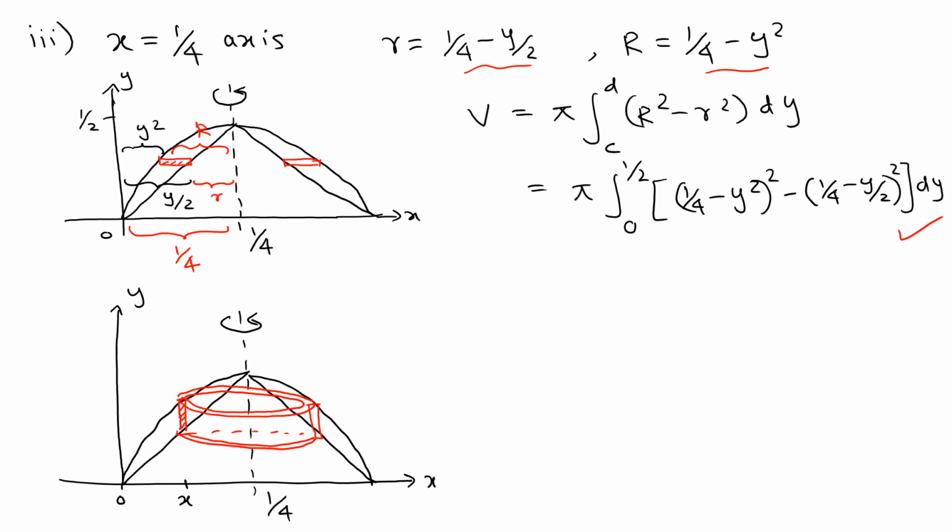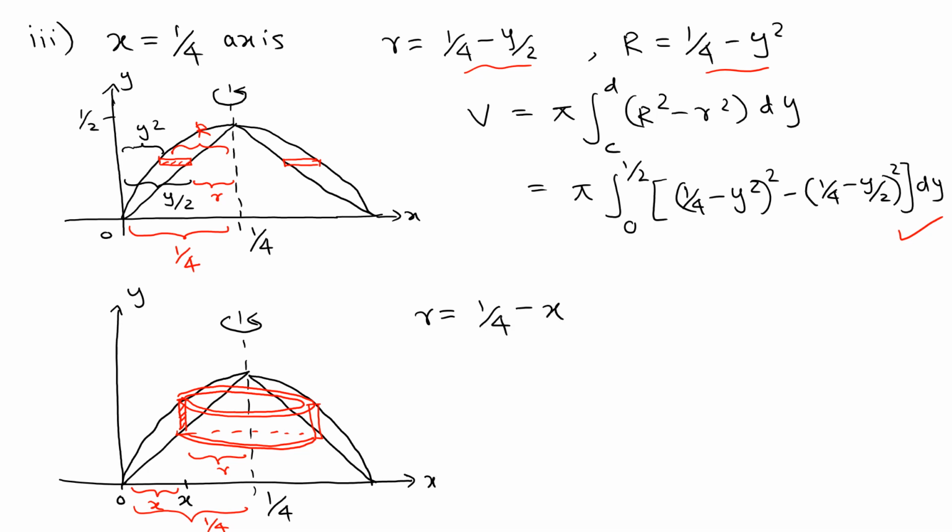This is the radius of the cylinder. We define this r in terms of x. We know the total length is 1/4, and this is the x coordinate, this length, and you can see r is simply 1/4 minus the x coordinate.